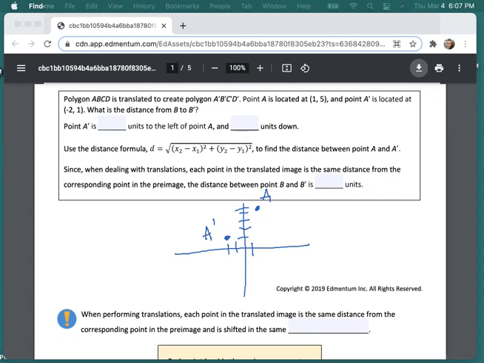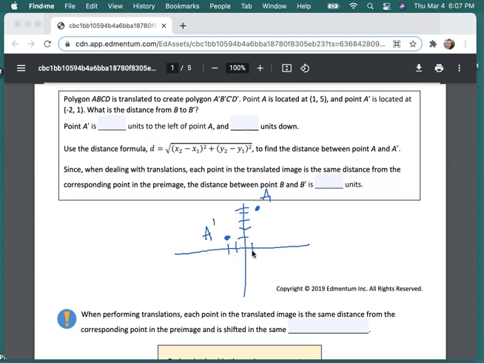We're going to use the distance formula, which is written up here. So distance equals the square root of x2 minus x1 squared plus y2 minus y1 squared. Okay, so point A is how many units to the left?